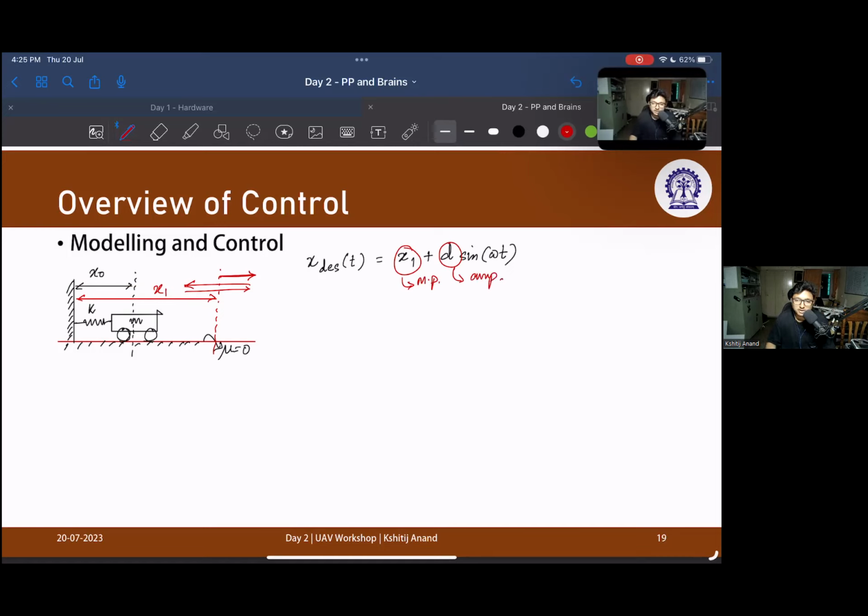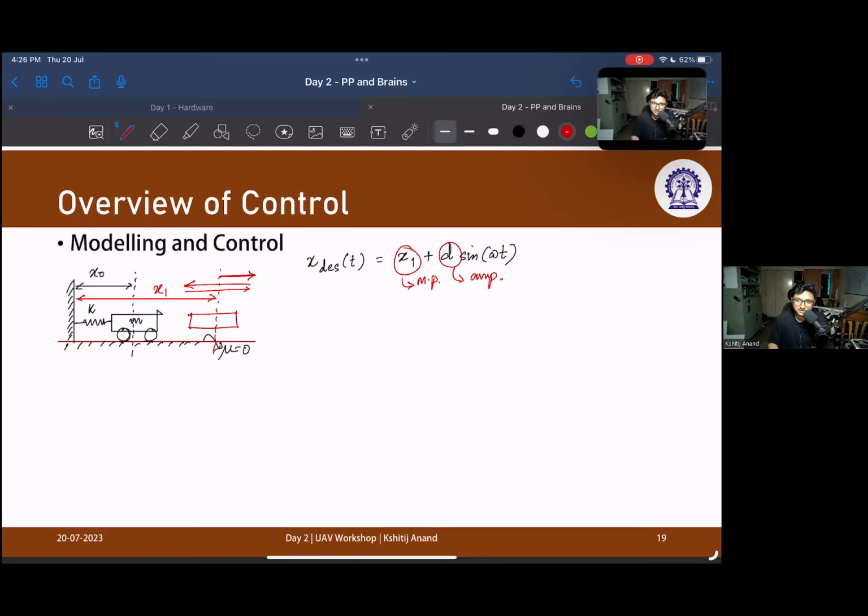But what will happen? How can I make it do that? I want it to behave that way, right? If I don't know any science, like an early human, my first attempt would be to pull the cart and bring it to this position, and then I expect the spring to make it jump around.